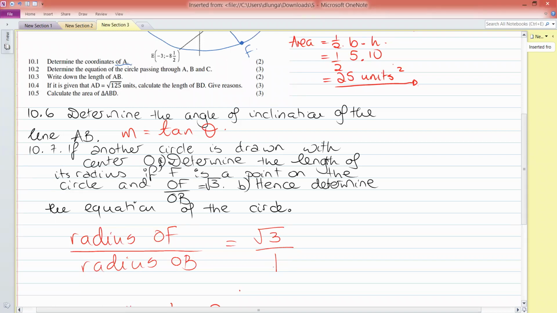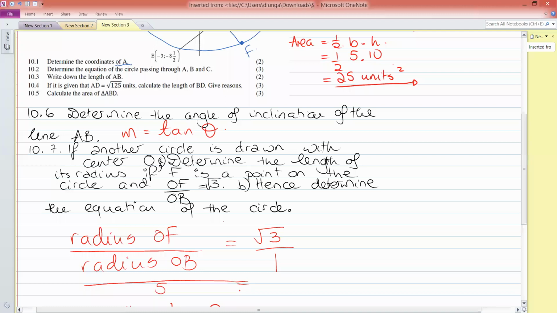How did they get to this proportion? We needed to have the values of the actual radii. This time, the only thing you know is the radius of OB, because we worked it out earlier. So since I know what the radius of OB was, we said it was 5, right?